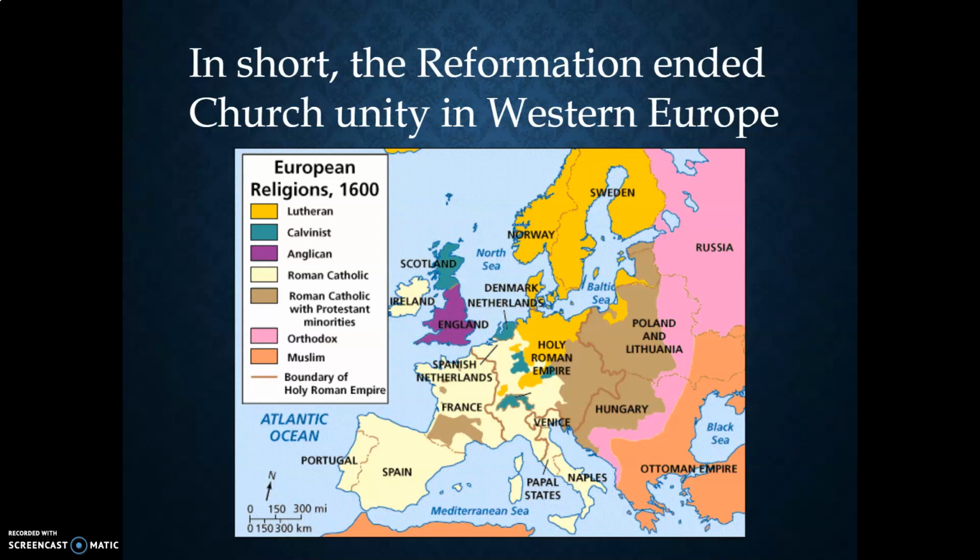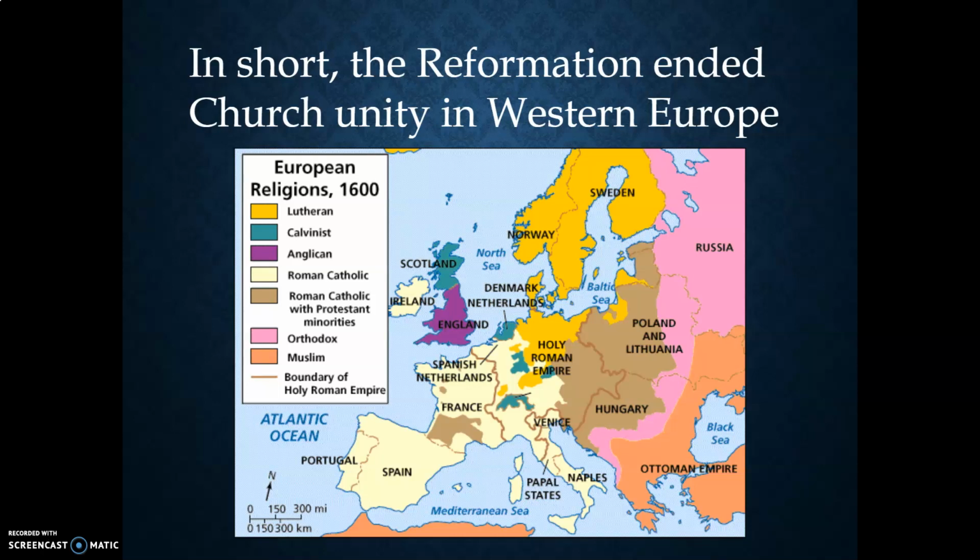And this is the big deal, and this goes back to our essential question for this unit. Essentially, the Reformation challenges traditional doctrine, and it challenges institutions like the Roman Catholic Church because it essentially ends church unity in Europe.